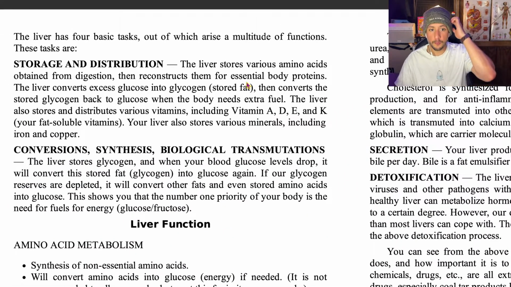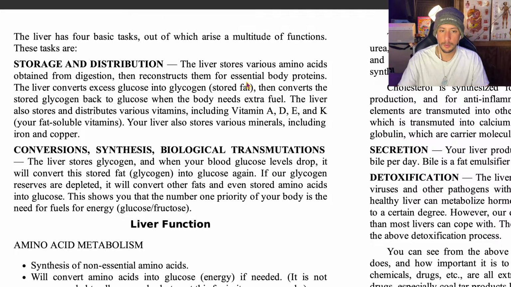All right, the liver has 4 basic tasks. This will be important. These arise from a multitude of functions. The tasks of the liver are storage and distribution. The liver stores various amino acids obtained from digestion and then reconstructs them for essential body proteins. The liver converts excessive glucose into glycogen and then converts the stored glycogen back to glucose when the body needs extra fuel.